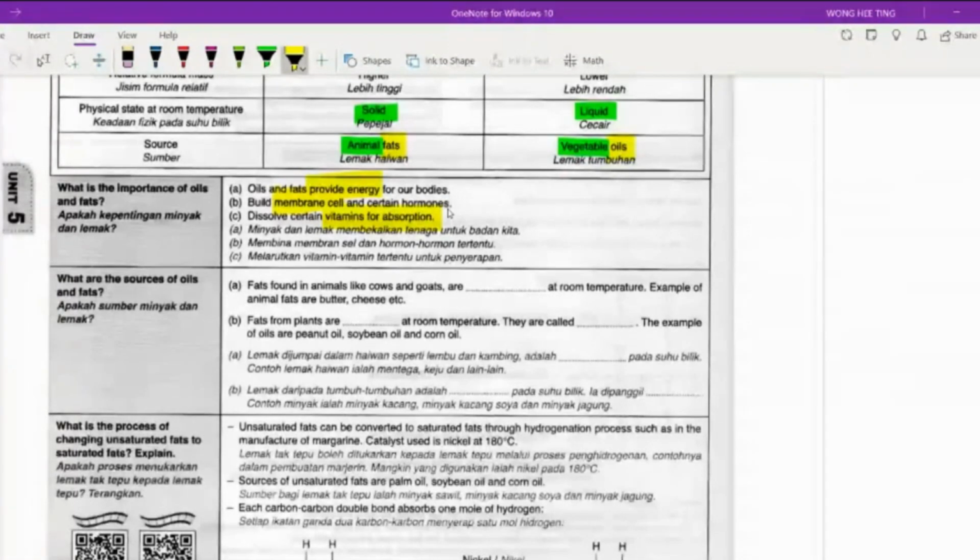Fats found in animals like cow and goat are solid at room temperature. Examples of animal fats are butter and cheese. Then fats from plants are liquid at room temperature, and they are called oils. Examples are peanut oil, soybean oil, corn oil.